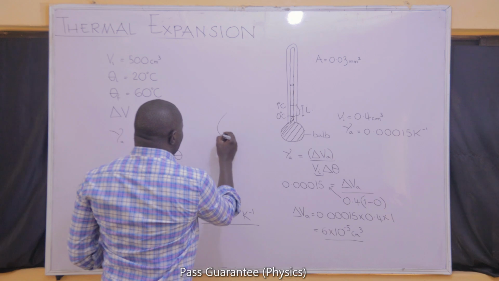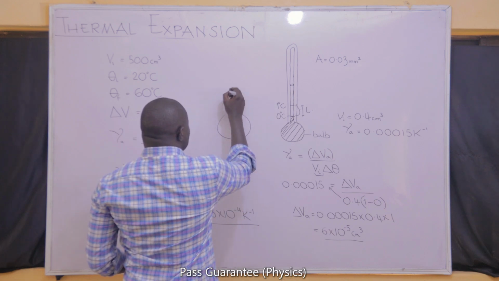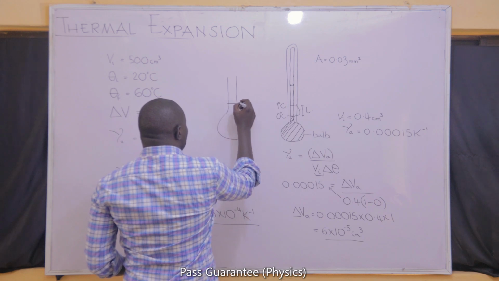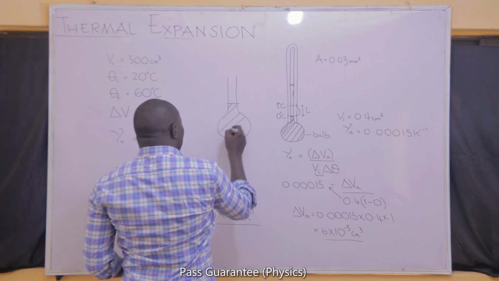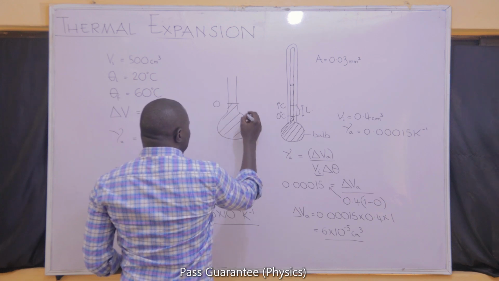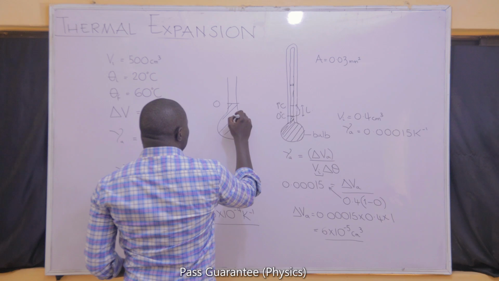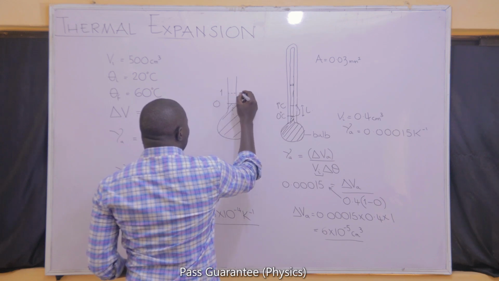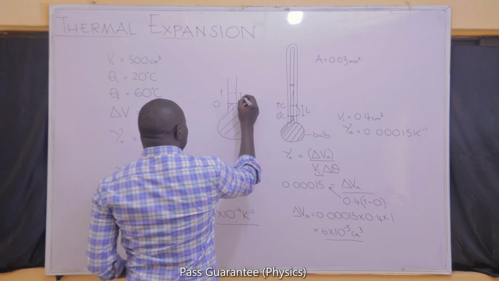We have a bulb, a ball, and there's mercury inside it up to the zero mark. By heating it to expand, we expect the mercury to expand to 1. In expanding to 1, what is the length?